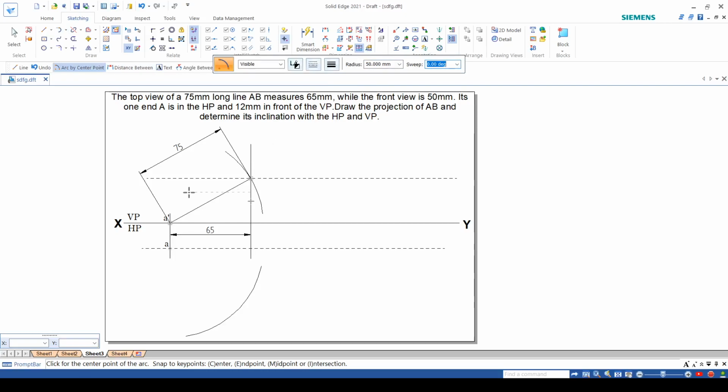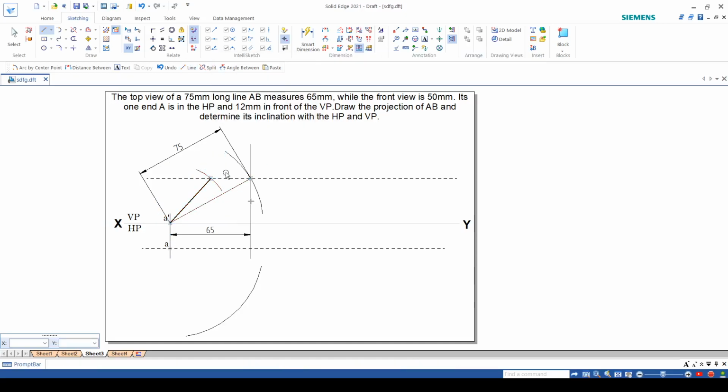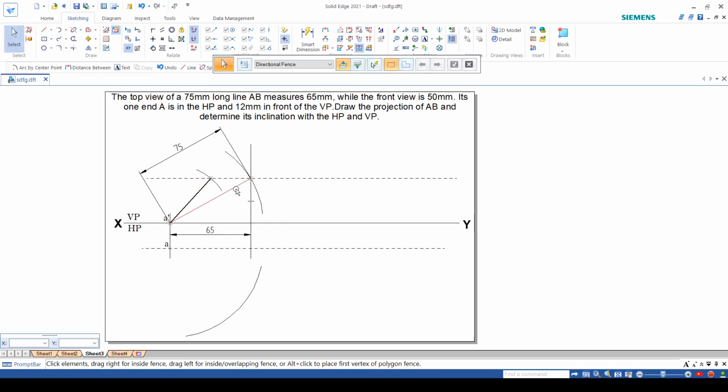Now 50 mm, take this as the radius. Now this would be our projection. So we have got our projection and one side true length.